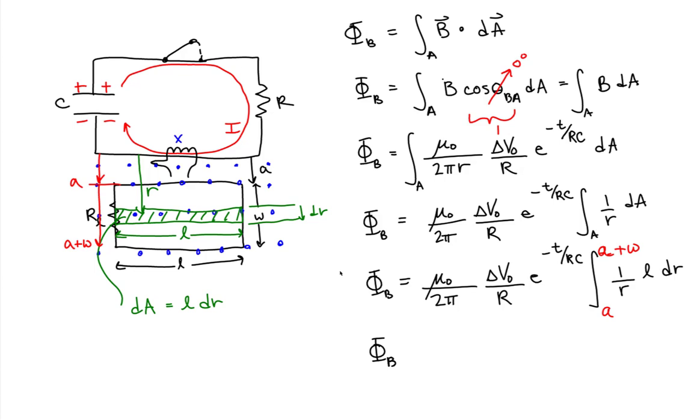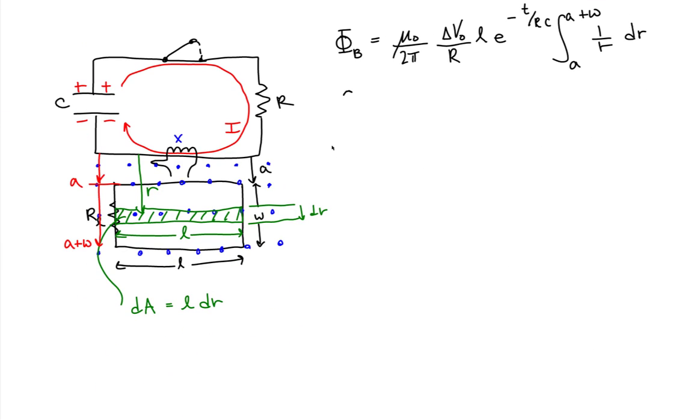We now have that the magnetic flux is equal to mu naught over 2 pi times the potential difference over the resistance of our RC circuit times L e to the minus time over the product of RC times the integral from a to a plus w of 1 over r dr. Our magnetic flux then is equal to this expression in front of the integral, which I'll just carry down and represent with the parentheses, times the integral of 1 over r.